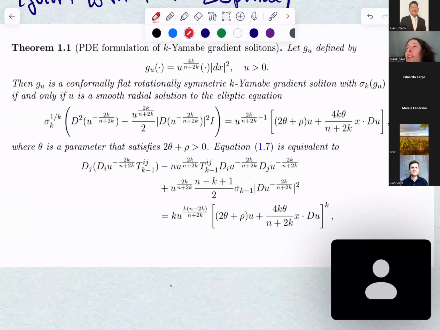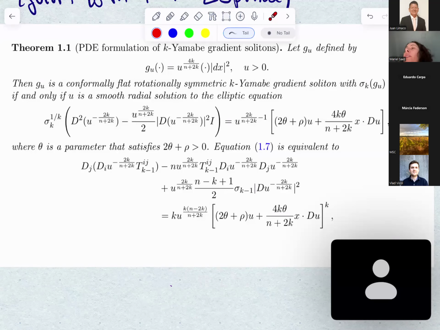This is because I wanted to discuss the parameters. This parameter, as I say, is related to the soliton equation. This theta is something that I'm gonna have to explain, but we're gonna see that it has to satisfy this restriction, and I'm gonna explain in a minute why.